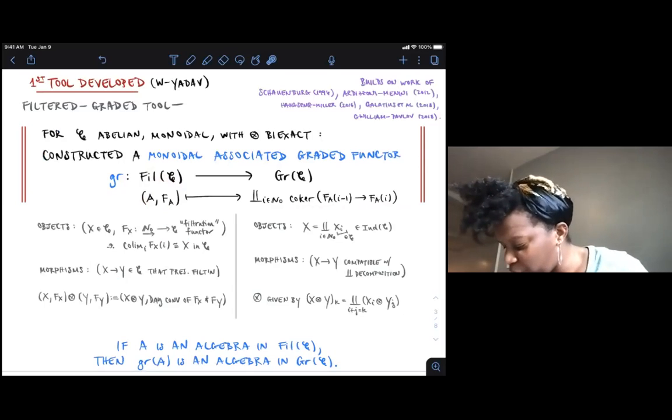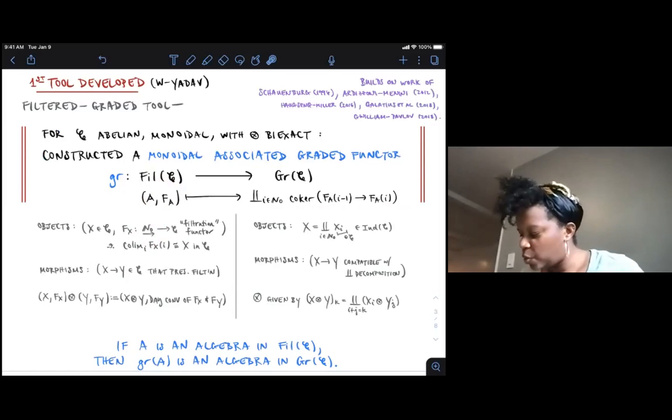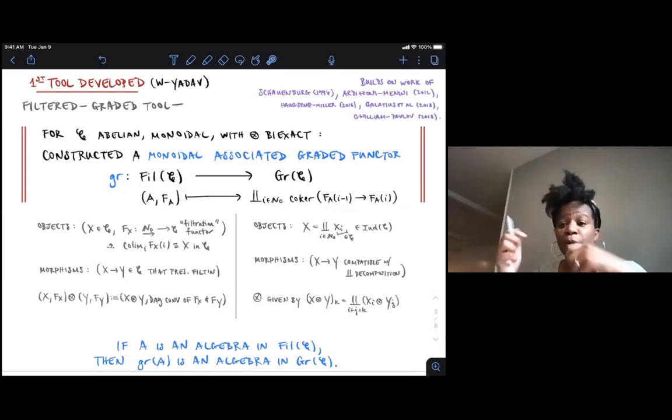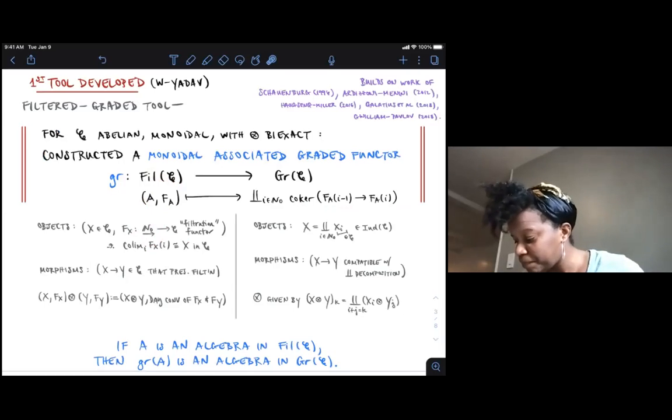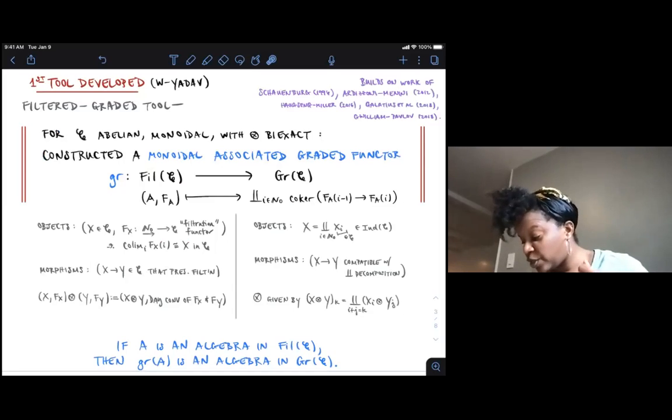In particular, you have the category N, whose objects are natural numbers, including 0, and arrows where if i is less than j, we get an arrow from i to j. So we have a morphism given like so, and we take the co-kernel of such maps and build our graded algebra. So this is a nice functor. We put a monoidal structure on it. And again, what the monoidal structure allows us to do is send algebras here to algebras here. So that's our first result.